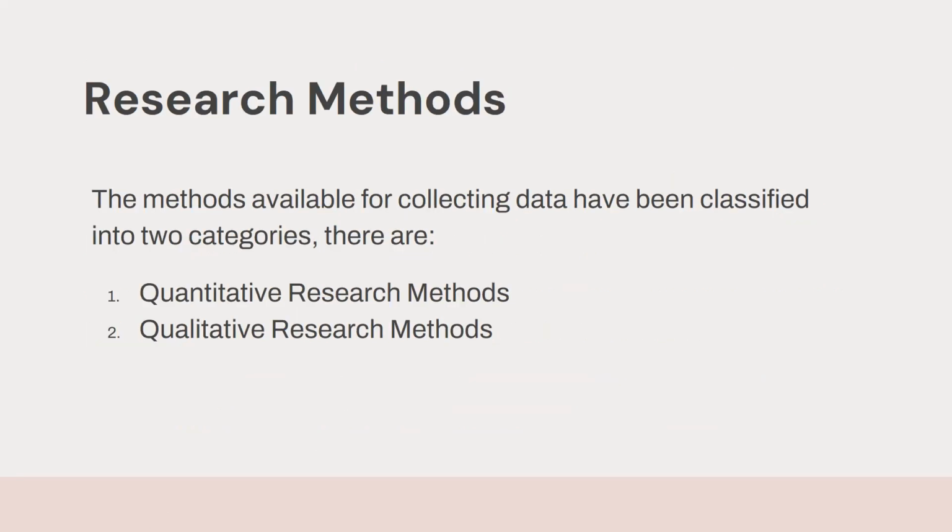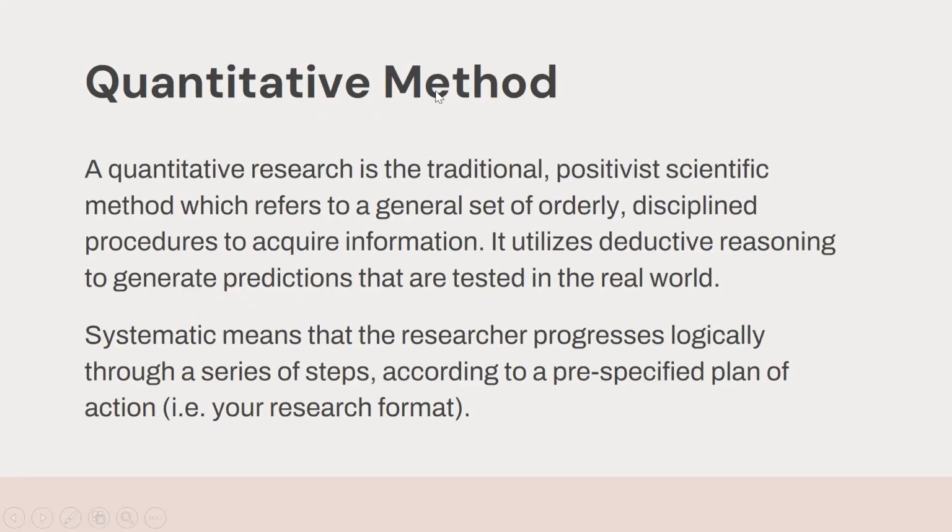So research methods, the methods available for collecting data have been classified into two categories. We have here quantitative research methods and qualitative research methods. Ang gagamitin nyo sa research nyo are quantitative research methods, kaya dito na tayo mag-focus. So quantitative research is the traditional positivist scientific method which refers to a general set of orderly, disciplined procedures to acquire information, di ba?